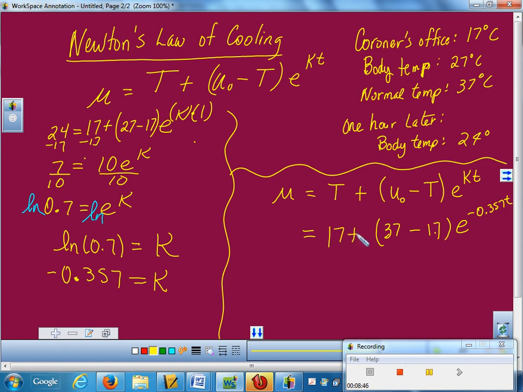Okay, so then what temperature is going to be our final body temperature? 27. Because it's a matter of, do you want to do it when the detective first found him, or from when he came back an hour later? It really doesn't matter as long as you know which point in time it was. An hour later. 27. 24. Just pick one.